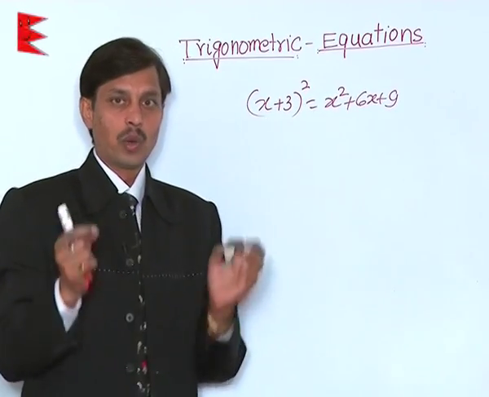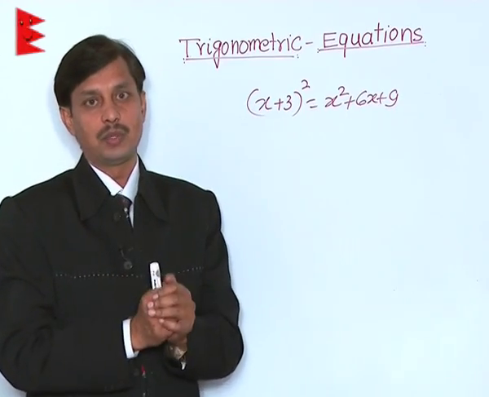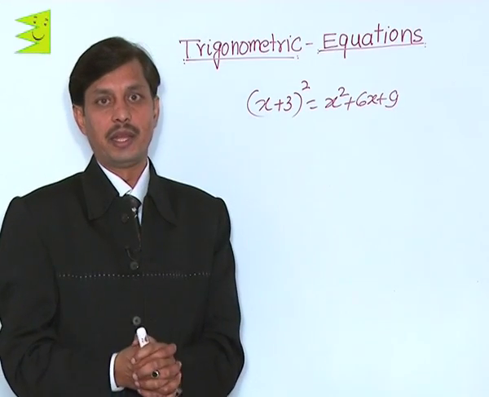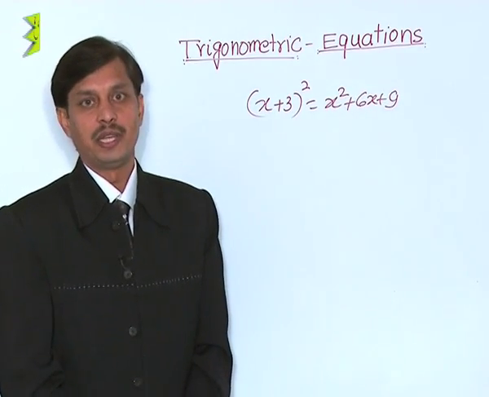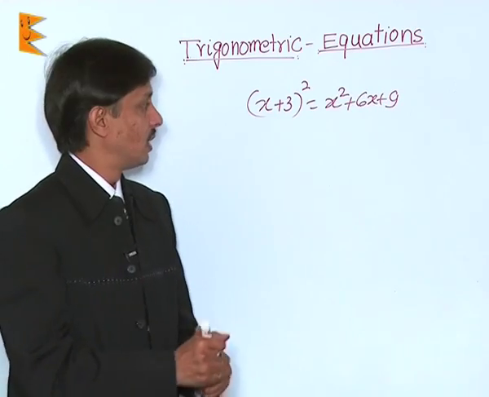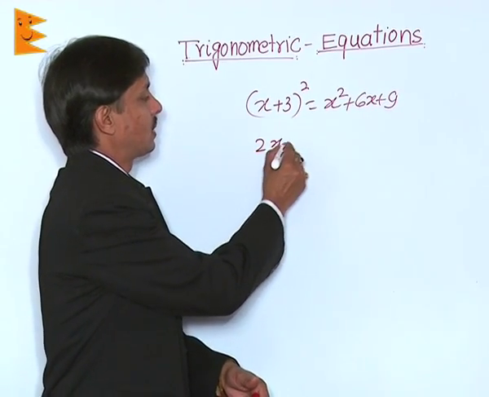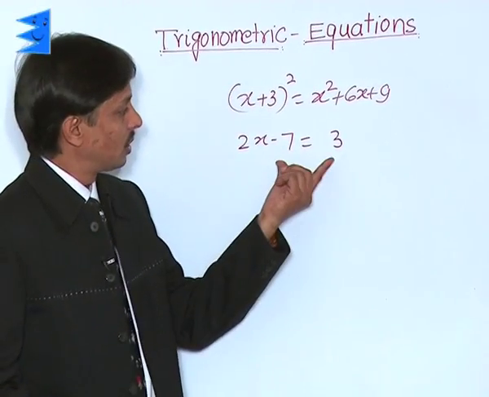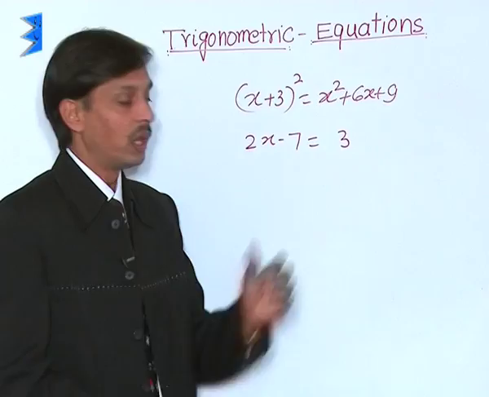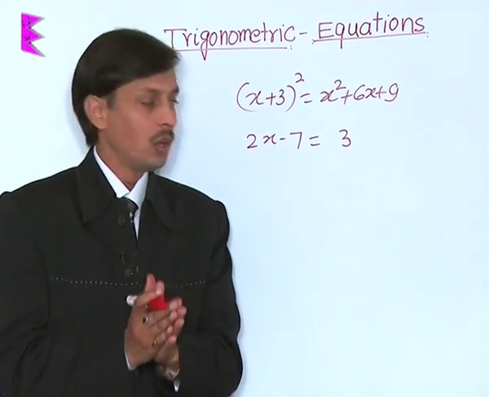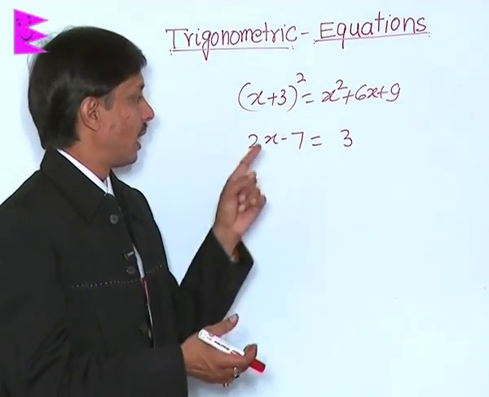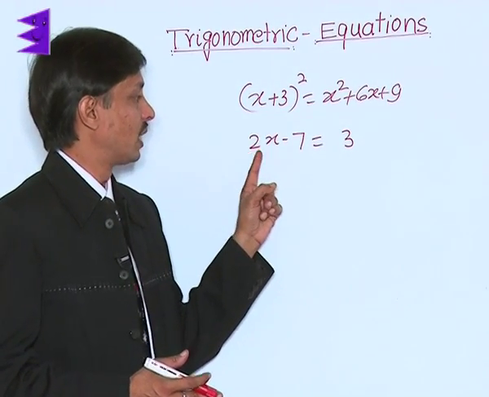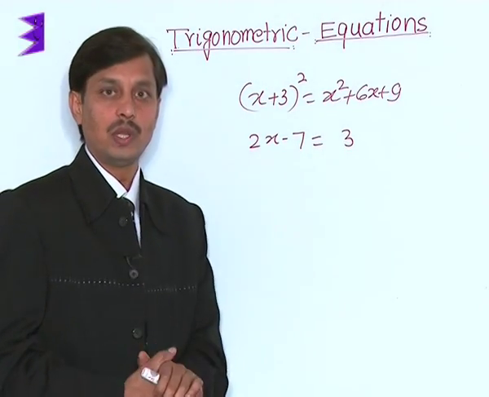Reason being, whatever real value of x we take, this relation of left and right hand side will definitely be satisfied. Now if I write 2x minus 7 is equal to 3, this equality will be satisfied only for one particular value of x. What if I take 5? It is 2 times 5, that is 10, minus 7 is equal to 3.